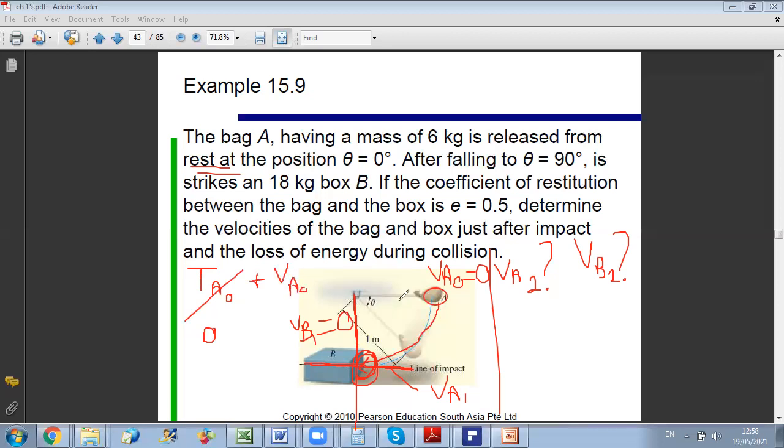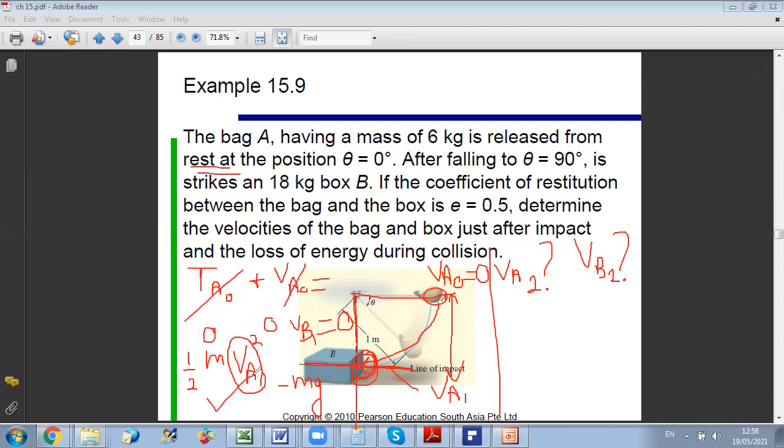Now we can take the gravitational reference above, so it will also be 0, equals, as the final state, the kinetic energy, half m VA1 squared, while the gravitational potential is negative because we are below the datum. We are 1 meter below the datum, so it's a negative potential. So minus mg times 1. Okay? So this equation will allow us to find the value of VA1.